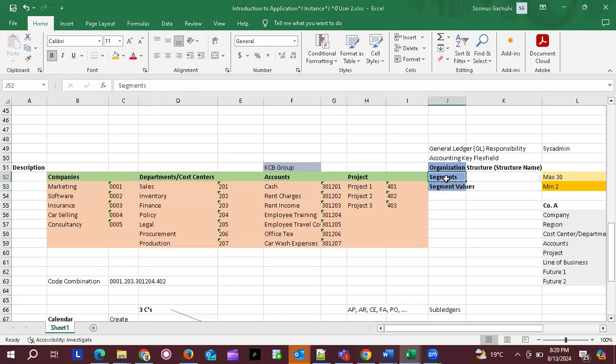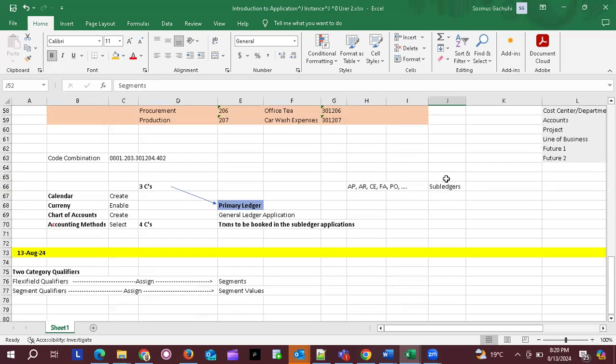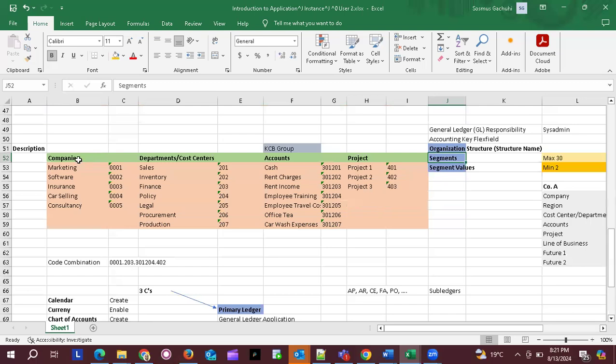But for these segments to have the nature of the segment that we want to create, we have to qualify them, or we have to give them some characters, or to give them some effects that will bring difference between, like, for instance, company segment and department segment.